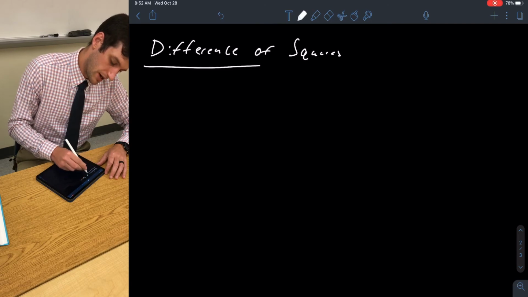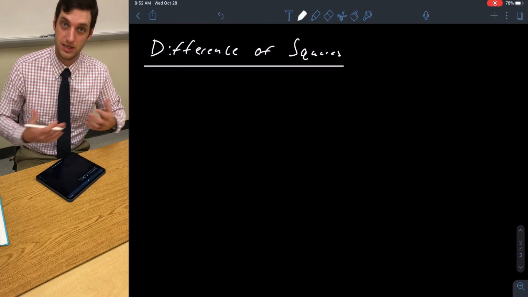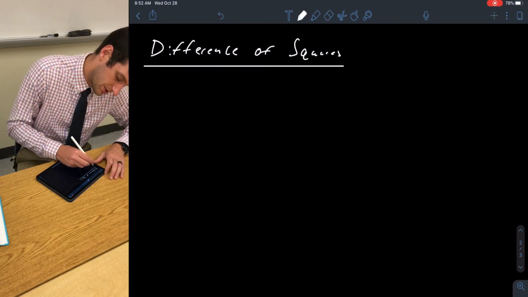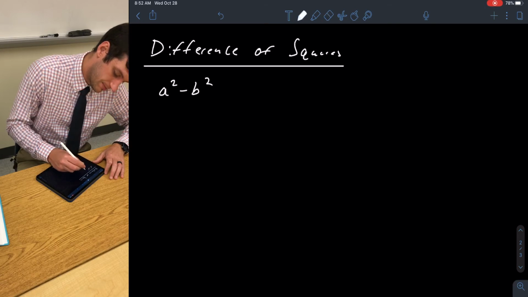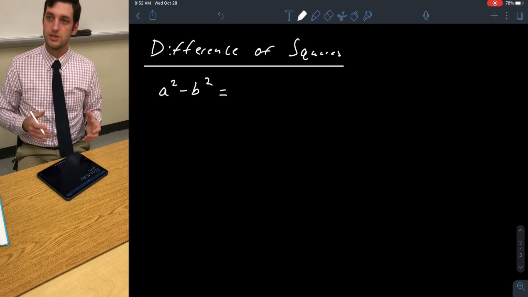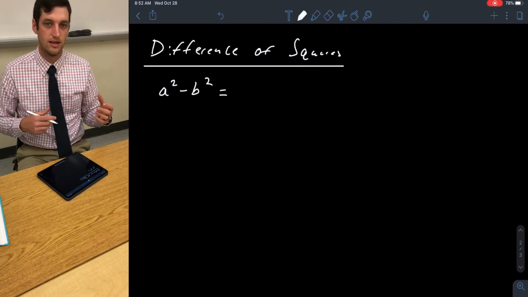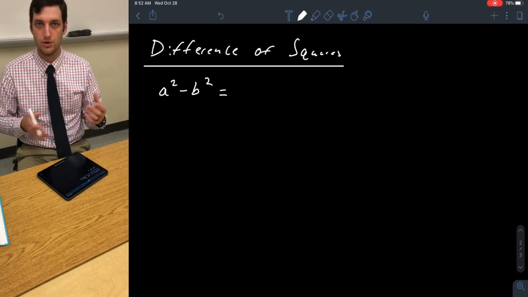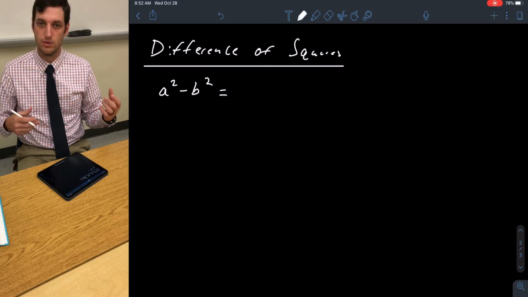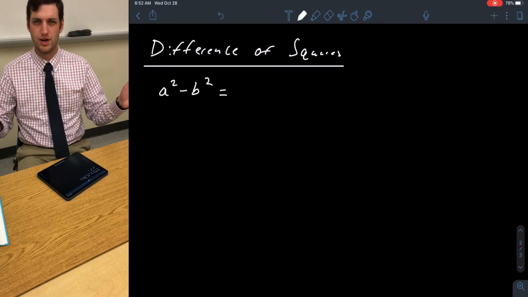So difference of squares is exactly what it sounds like. It's a difference of squares, difference meaning subtraction. So it looks like this: a squared minus b squared. If we were going to have a middle term, it would be 0: a squared plus 0 minus b squared, if we were going to make it a trinomial.